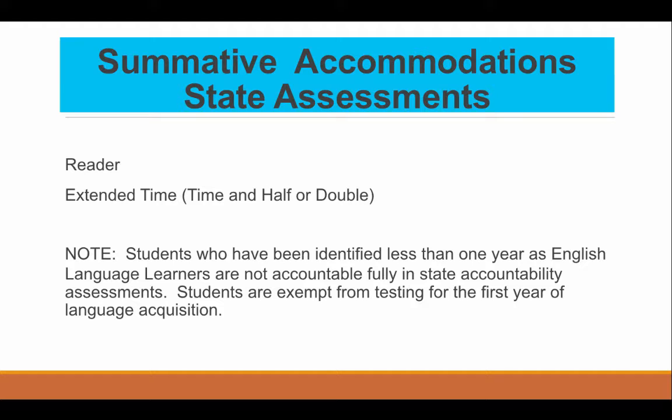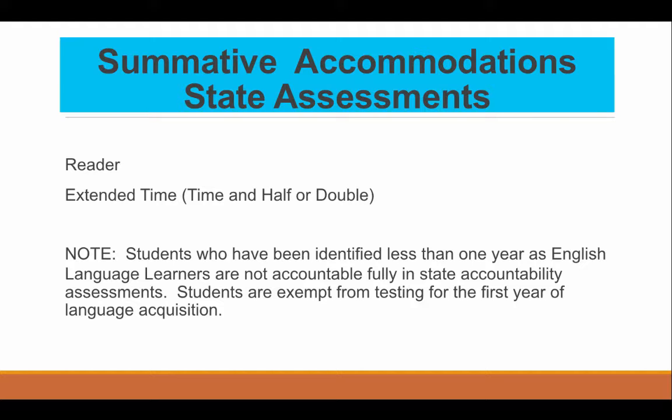For summative accommodations on state assessments, students who have been identified less than 1 year as English language learners are not accountable fully in state accountability assessments. So it's important for you to know that students are exempt from state testing for the first year of language acquisition. However, they should still be given the accommodations of a reader. They should still be given their extended time accommodations.